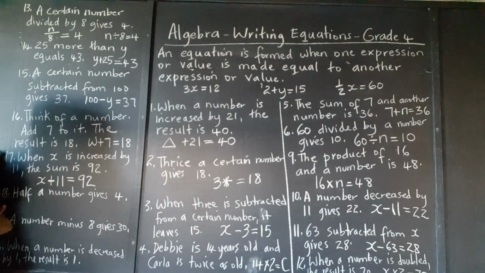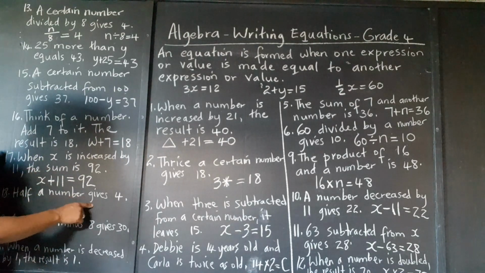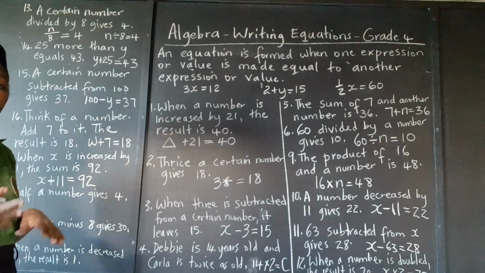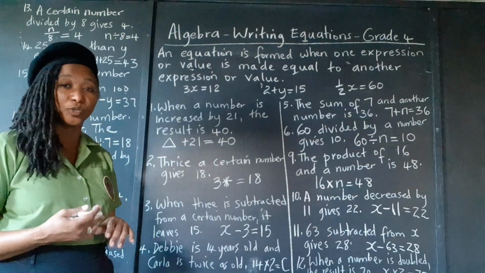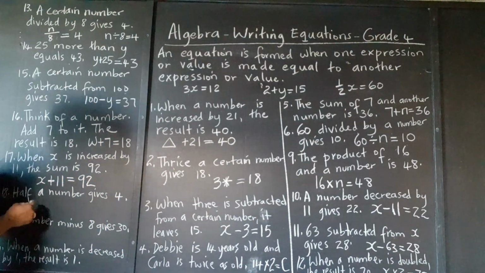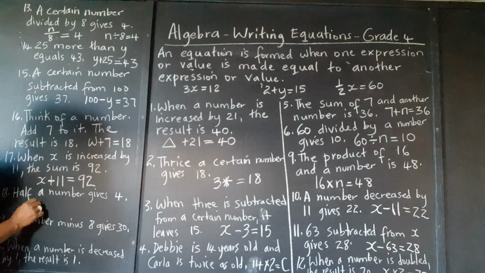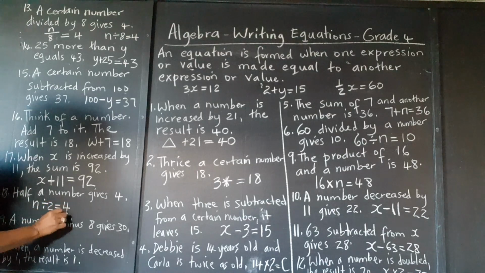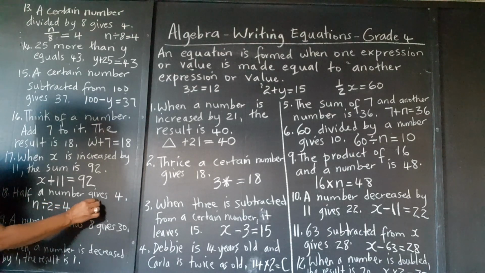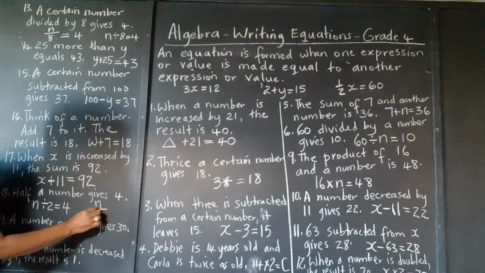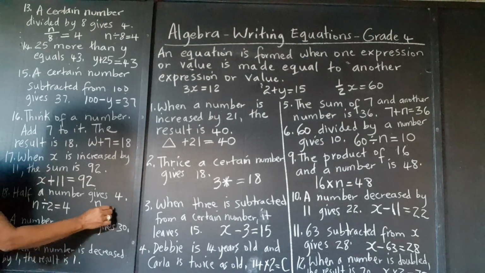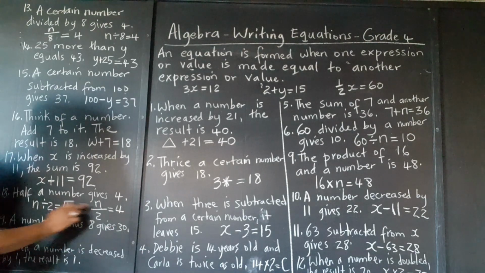Number 18, half a number gives 4. Remember, when we're halving anything, we're dividing it into 2 equal parts. So we can say the number divided by 2 gives 4, or we can write it in fraction form. The number divided by 2 gives 4, whichever way you want to put it.